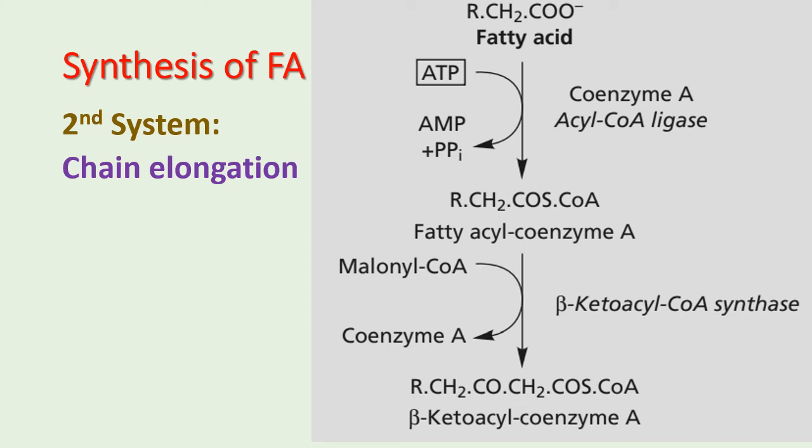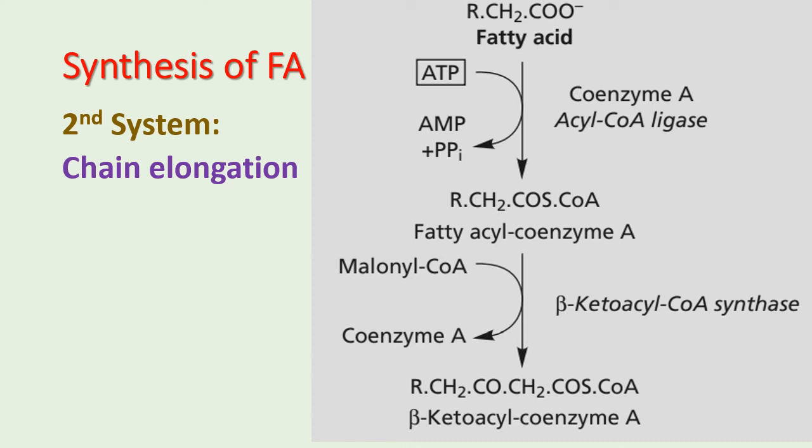A more important point is that a mitochondrial system for elongation of fatty acid chains using acetyl-CoA as the 2-carbon donor does exist, but it has limited activity with acyl-CoA substrates with 16 or more carbon atoms, and is probably concerned with the lengthening of shorter chains.